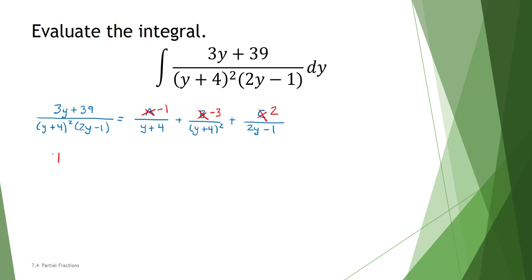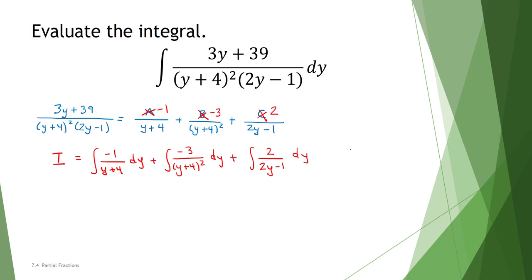So our original integral is equal to the integral of -1 over y + 4 dy plus the integral of -3 over (y + 4) squared dy plus the integral of 2 over 2y - 1 dy.